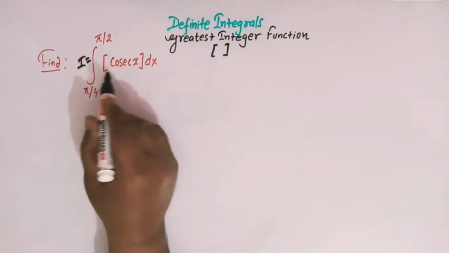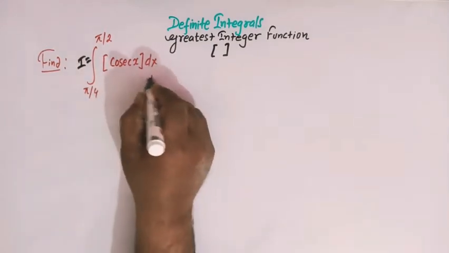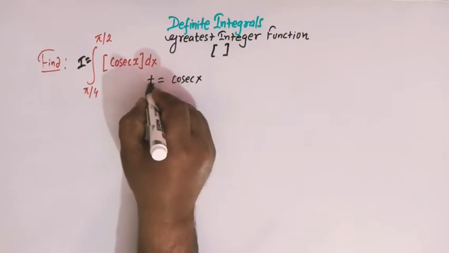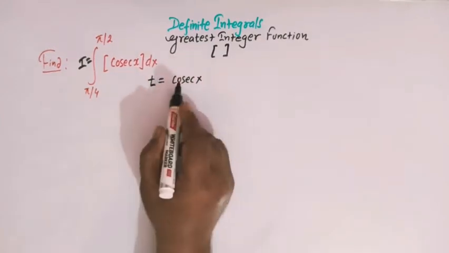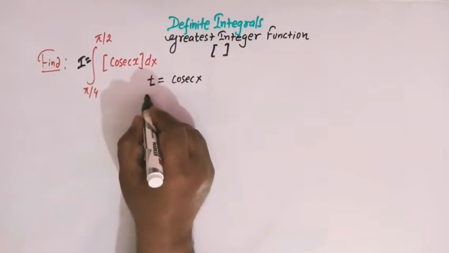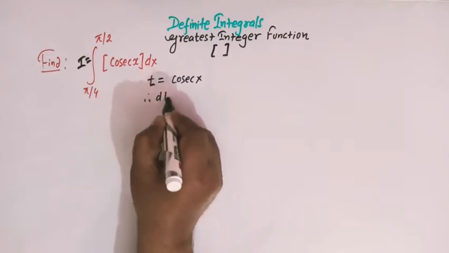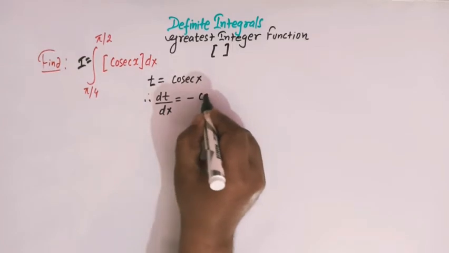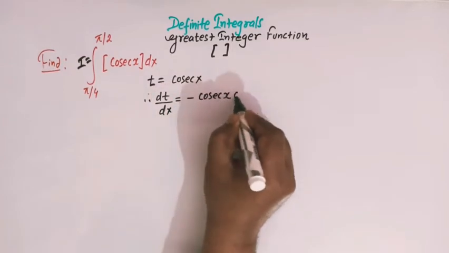Here we'll take t equal to cosec x. So we substitute t equal to cosec x, and therefore dt over dx is equal to minus cosec x cot x.